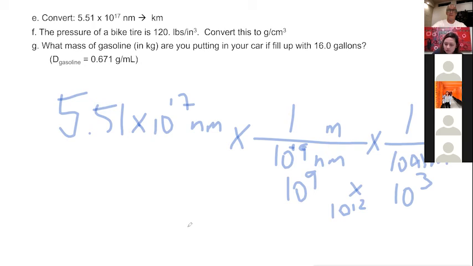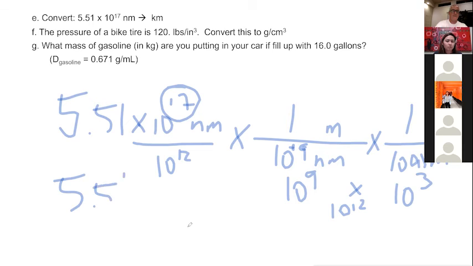So if I divide this by 10 to the 12th, basically I just subtract 12 from this, and that becomes 5. So my final answer is 5.51 times 10 to the 5th.